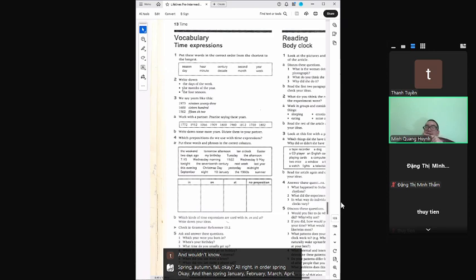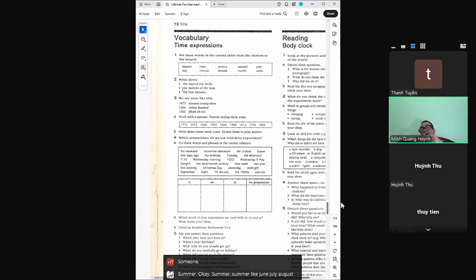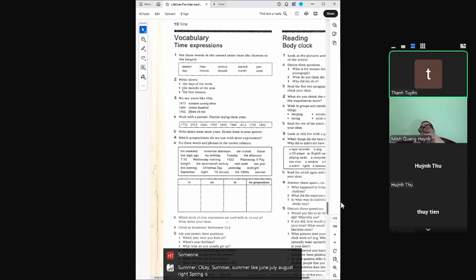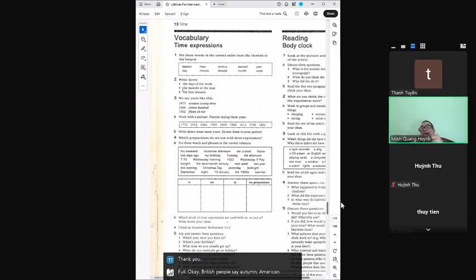And then summer, like June, July, August. After summer is autumn or fall. British people say autumn, American people say fall, all right? And which is the last one?